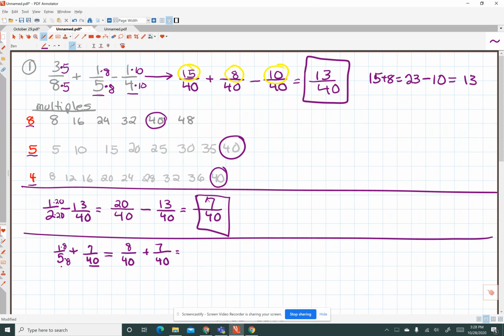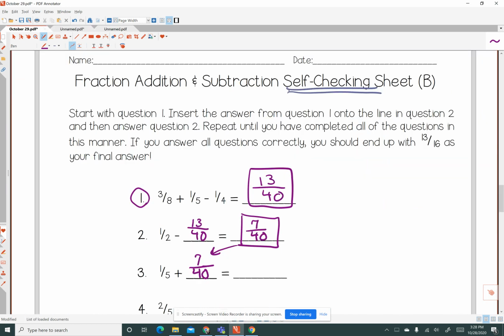So that gives us 8 plus 7 is 15/40. And 15 and 40 are both divisible by 5. 15 divided by 5 is 3, 40 divided by 5 is 8. And that's a final answer.